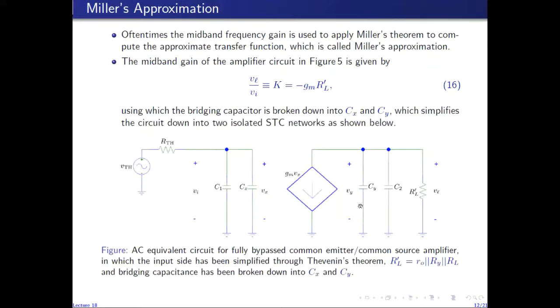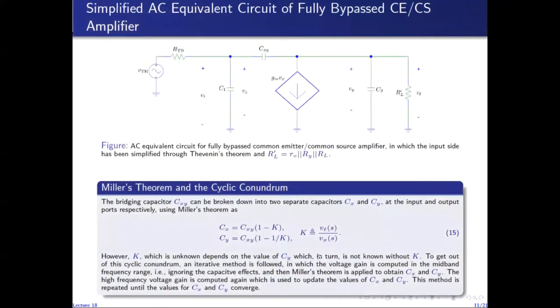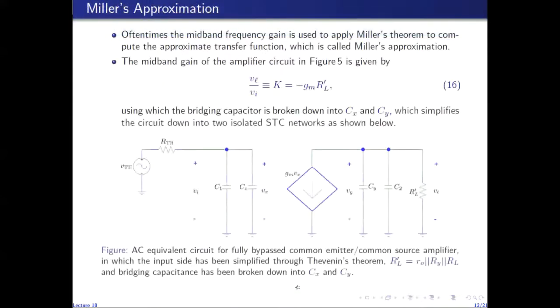So in other words, we just use the first iteration of this iterative method, and we obtain approximate results. So this is called Miller's approximation, and using it, you can see that the bridging capacitance CXY, which is now broken down into CX and CY, results in a much simpler circuit. In fact, it breaks the circuit down into two STC networks.